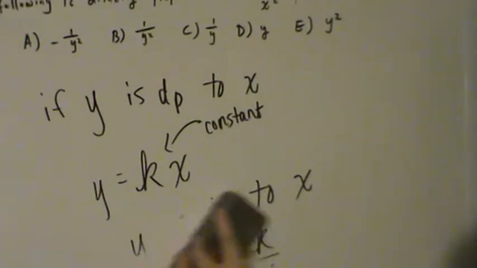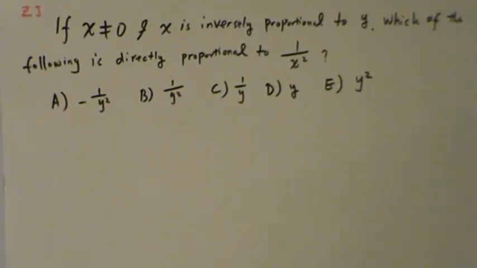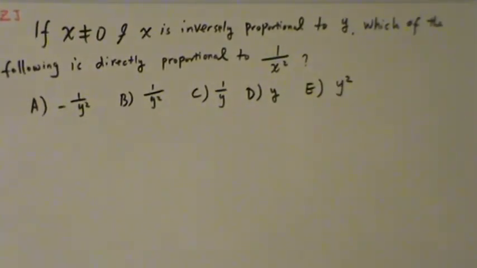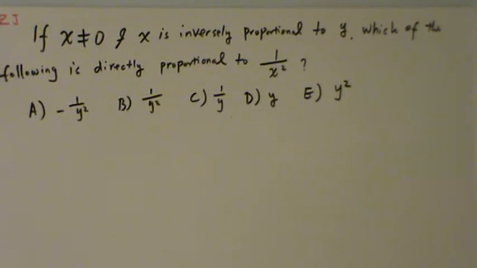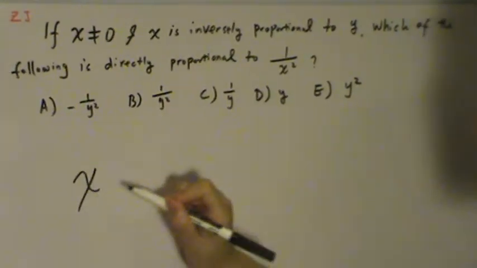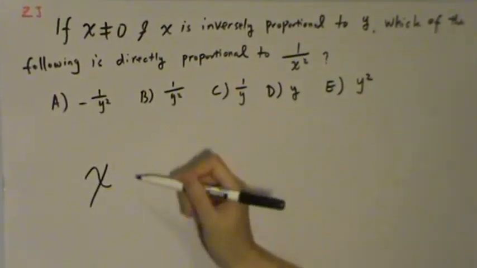So now that we have these down, let's take a look at this question. It says, if x is inversely proportional to y. So let's just stop there and write down what it says. If x is inversely proportional to y, so we have to take the k and divide it by y.